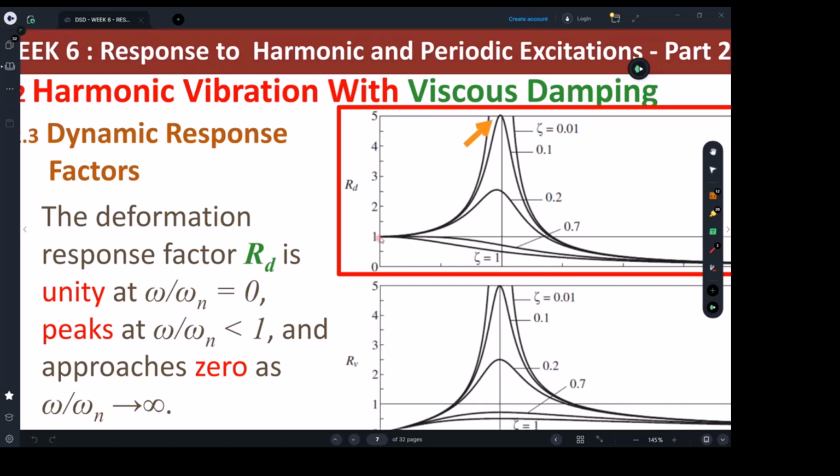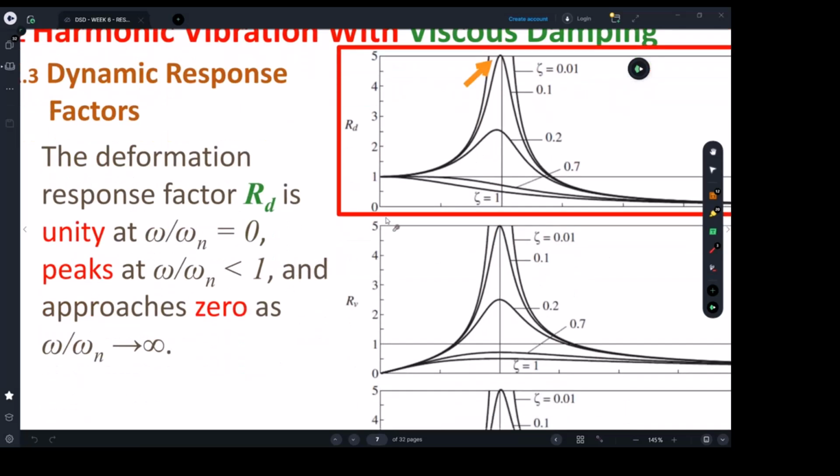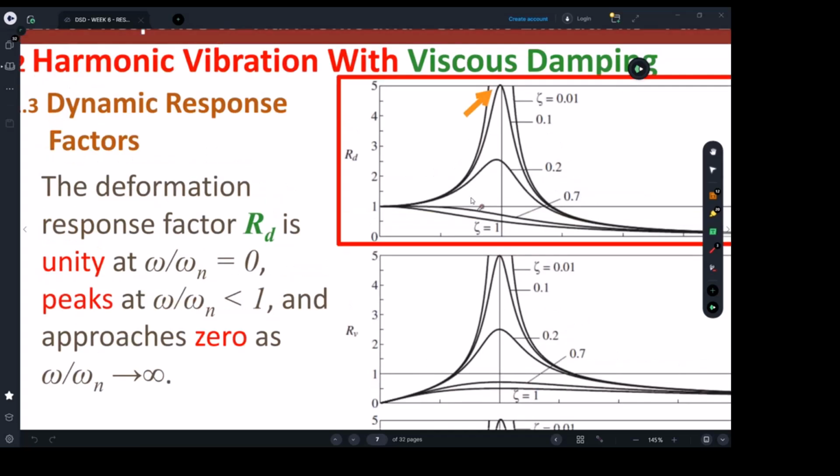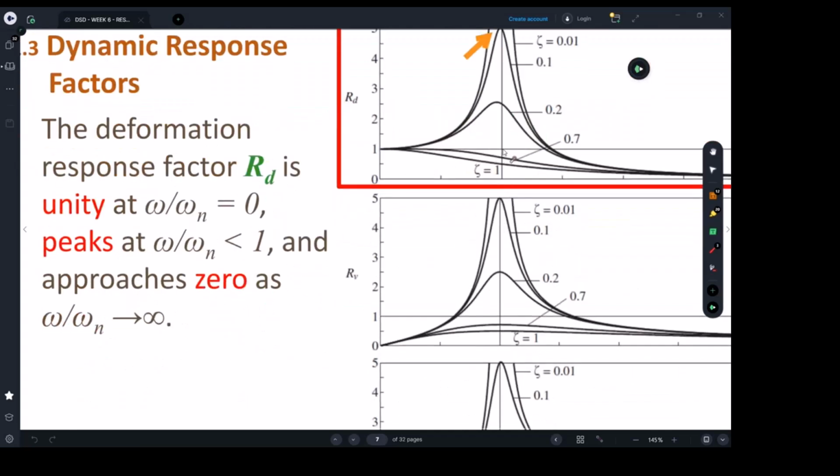When the frequency ratio is 0, then the RD will be 1. We talked about this last week as well. Now, the RD will be peaking, not at a frequency ratio of 1, it's a little bit before 1.